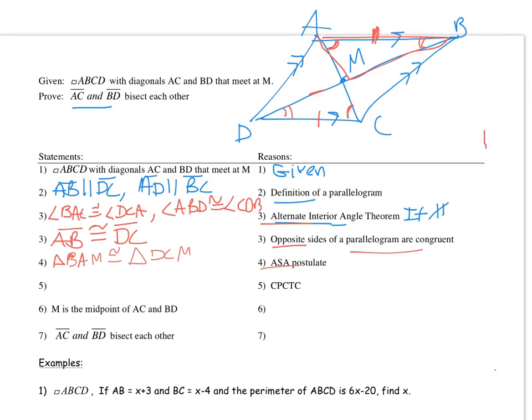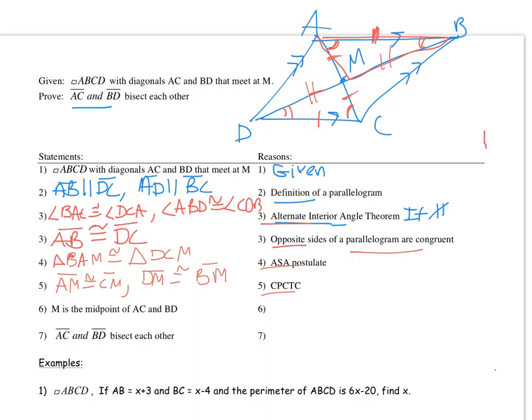Then I'm going to say that segment AM is congruent to segment CM, because they're corresponding parts, and also segment DM is congruent to segment BM.